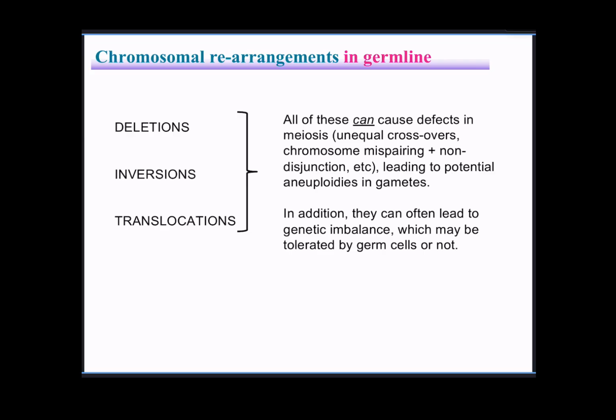Why? Because the inversions and the translocations are movements of sequences within the genome, but the sequence is not gone. Now, there are some mechanisms by which inversions and translocations can lead to genetic imbalance, and we'll address them. But more importantly, that's why it's important that we remember that we call them chromosomal rearrangements.